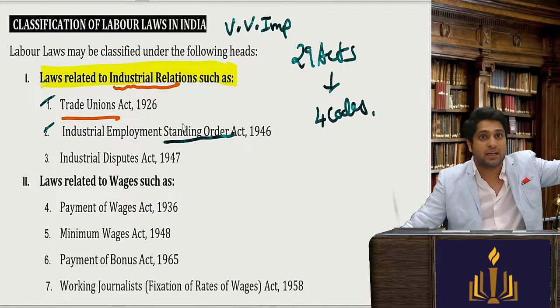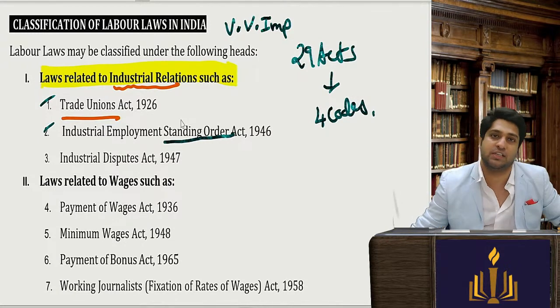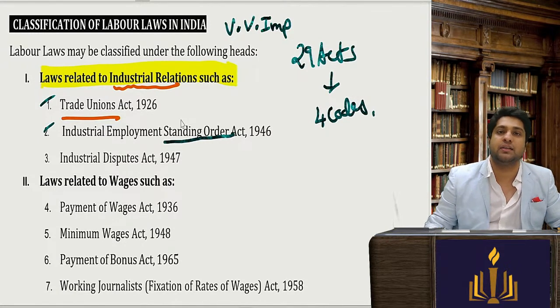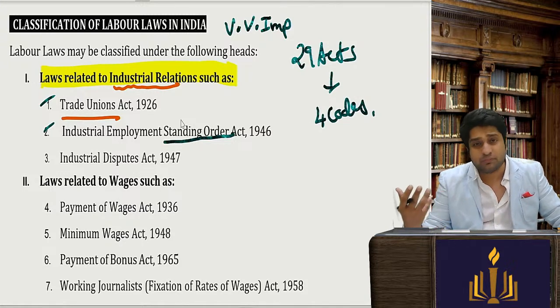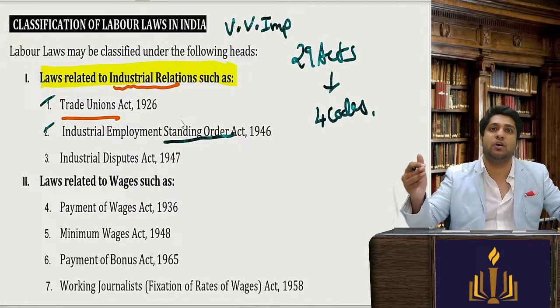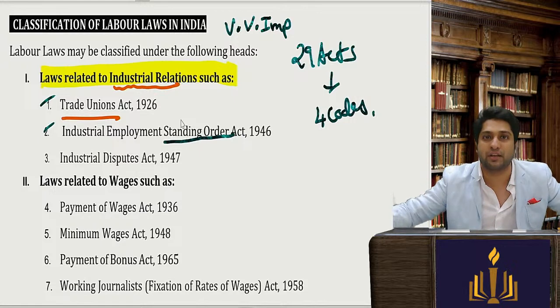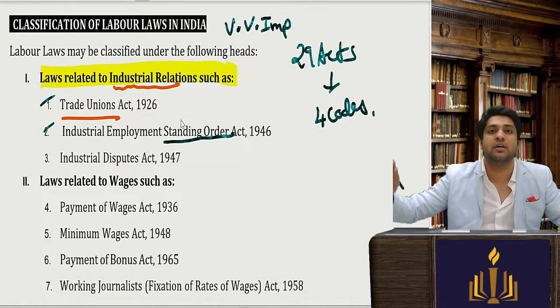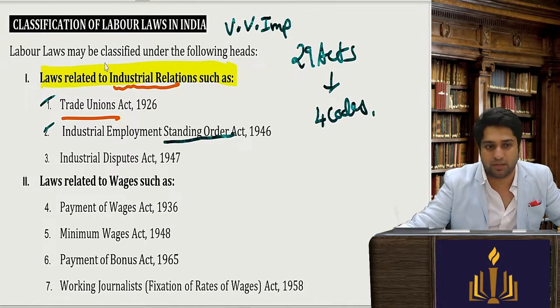I will tell you what standing orders are. Standing orders are internal, like how a company has the articles of association. Similarly, the factories, your industries will have a standing order. A standing order is the terms, conditions, the benefits given to everyone. So that is written down terms and conditions, which is also with respect to relations between them.